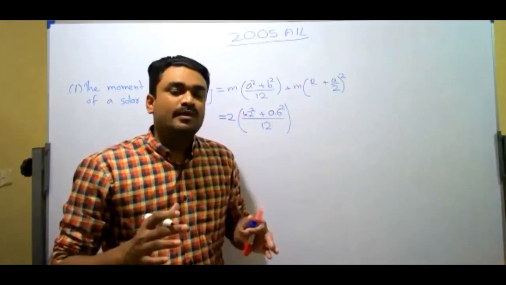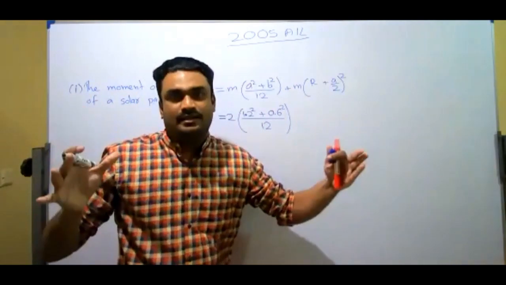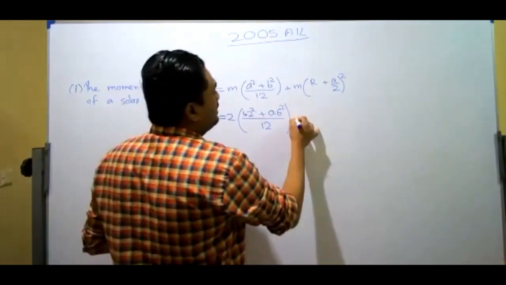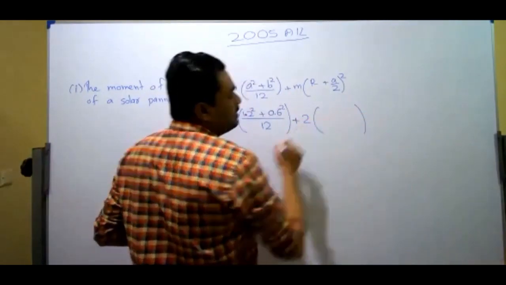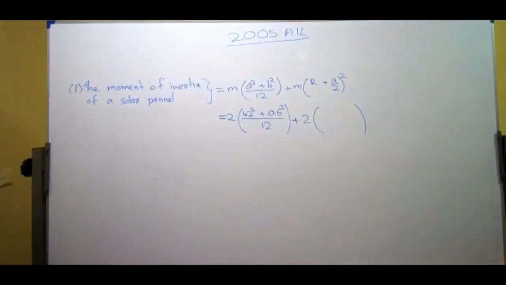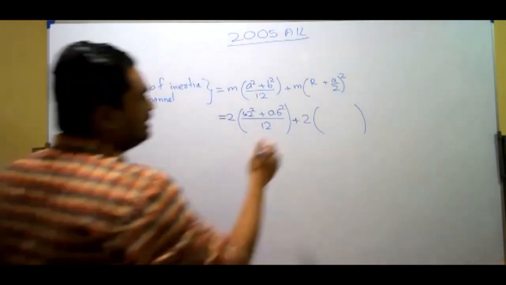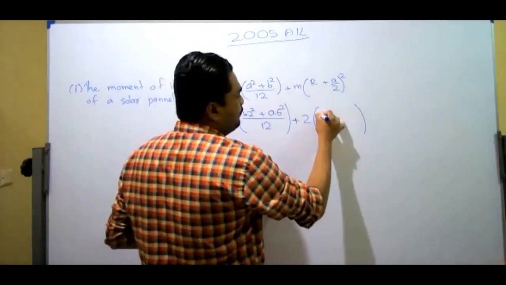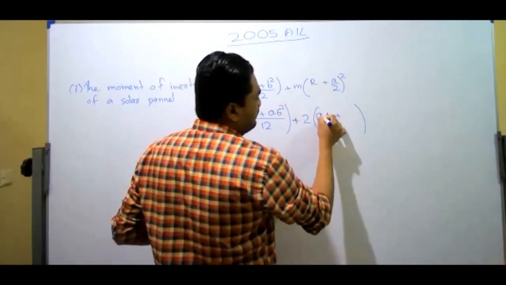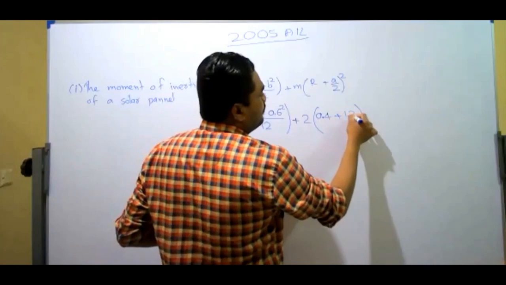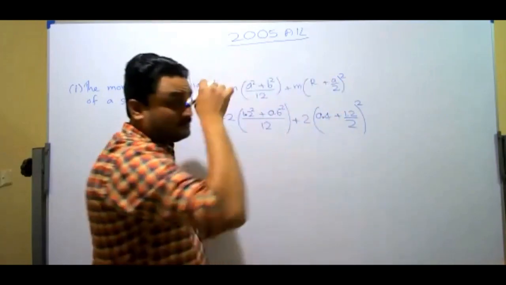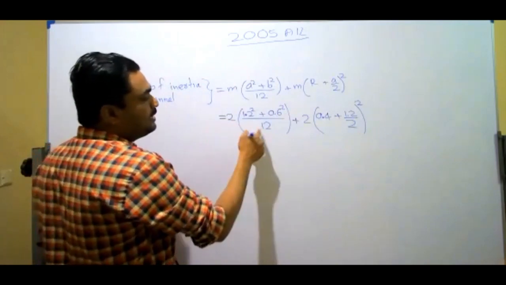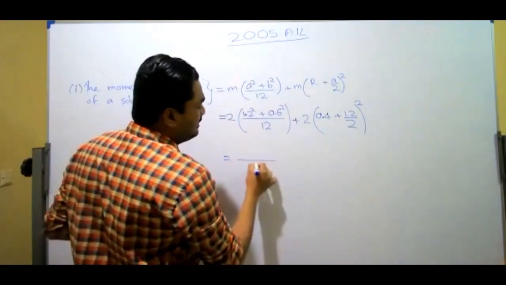It gives only the moment of inertia of one solar panel. Plus m, 2 kilogram, that is the mass of a panel, times R, the radius of the cylindrical section, which is given as 0.4, plus a, 1.2, divided by 2, and we should square it. Now you see, this 2 and 12 can be cancelled out. That's the first thing that we are able to do.